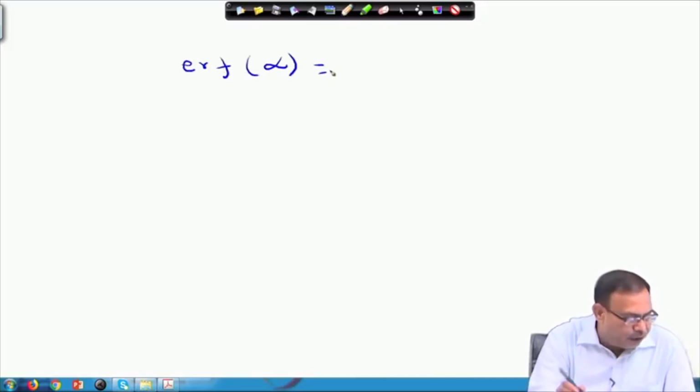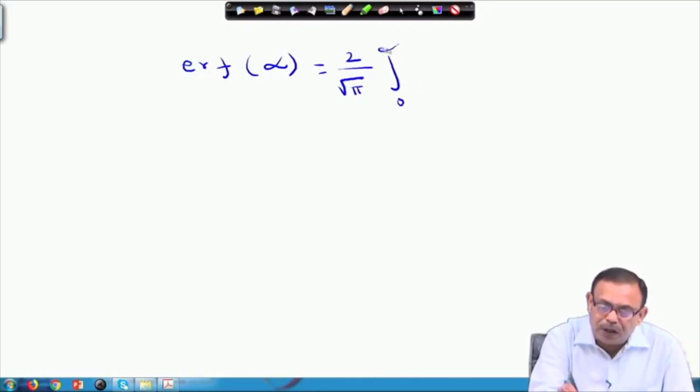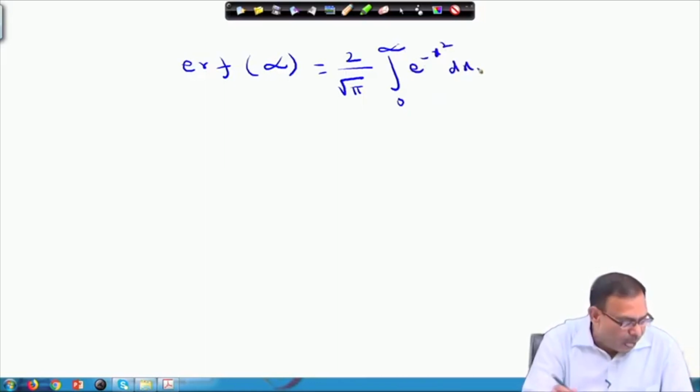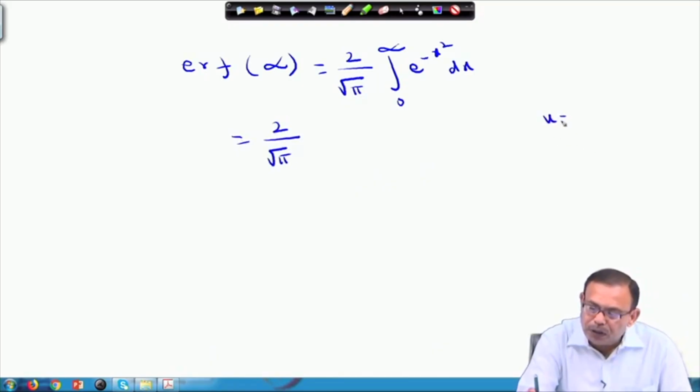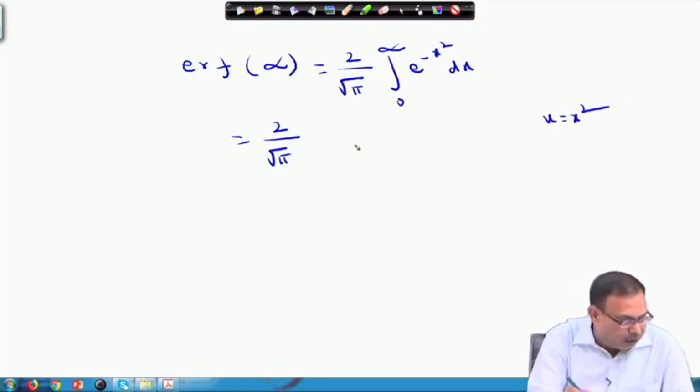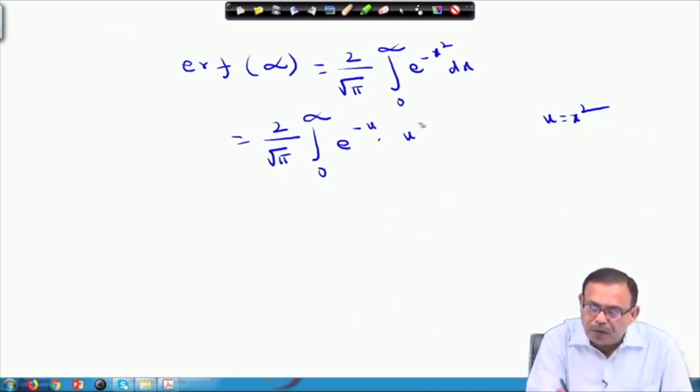Next, you see the ERF of infinity. At t equals infinity, what happens? It will be 2 by root pi integral from 0 to infinity of e power minus x square dx. If I substitute u equals x square, then this will be transformed to integral from 0 to infinity of e power minus u into u to the power minus half by 2 into du.